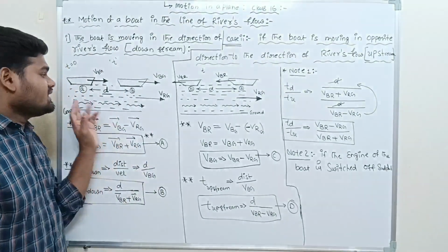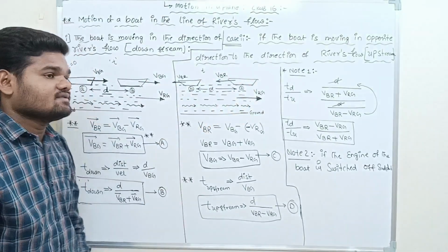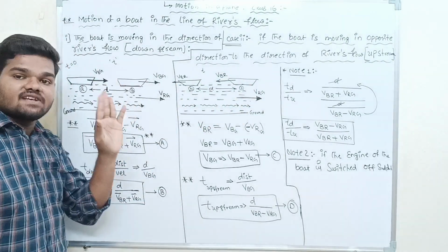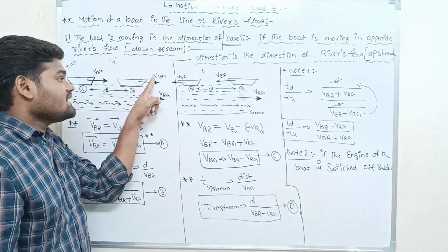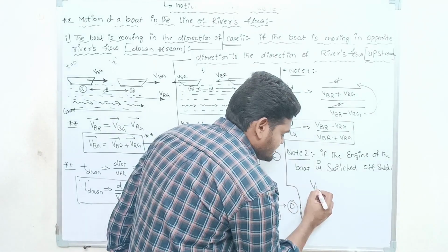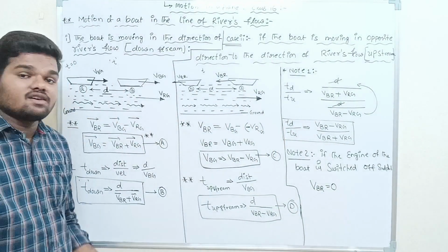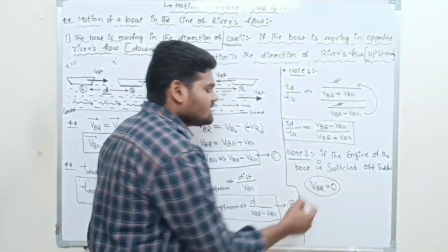Have a look. The river is flowing in this direction. Our boat's engine is switched off suddenly. That means the velocity of the boat with respect to river is equal to how much? Zero, because the engine of the boat is turned off.